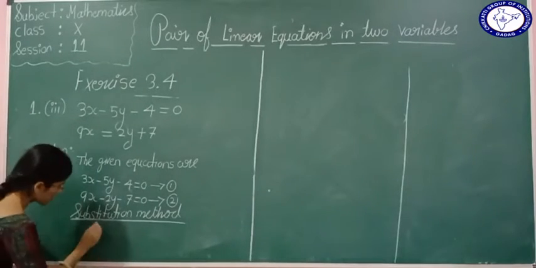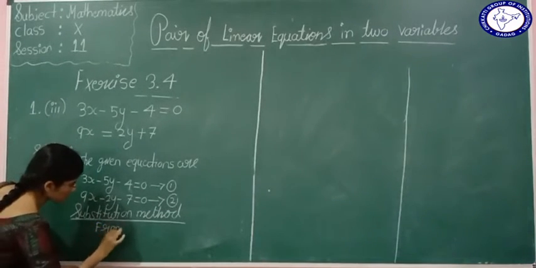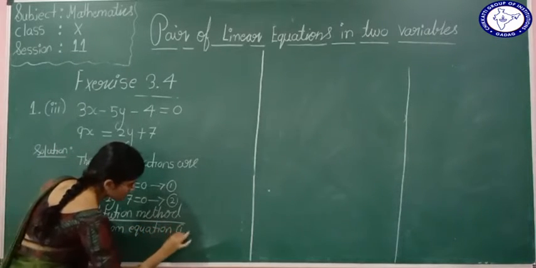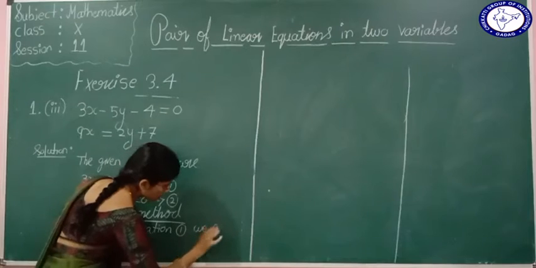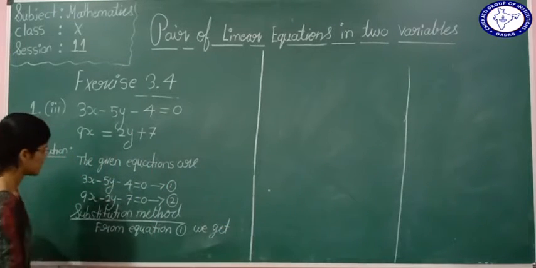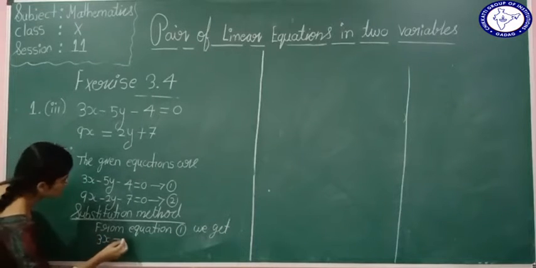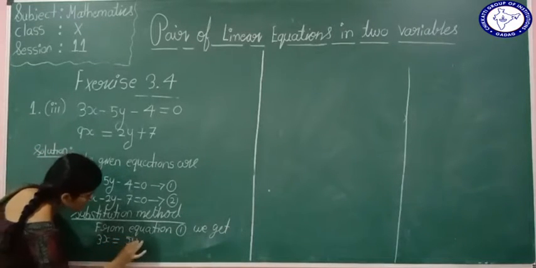From equation 1 we get 3x is equal to 5y plus 4.